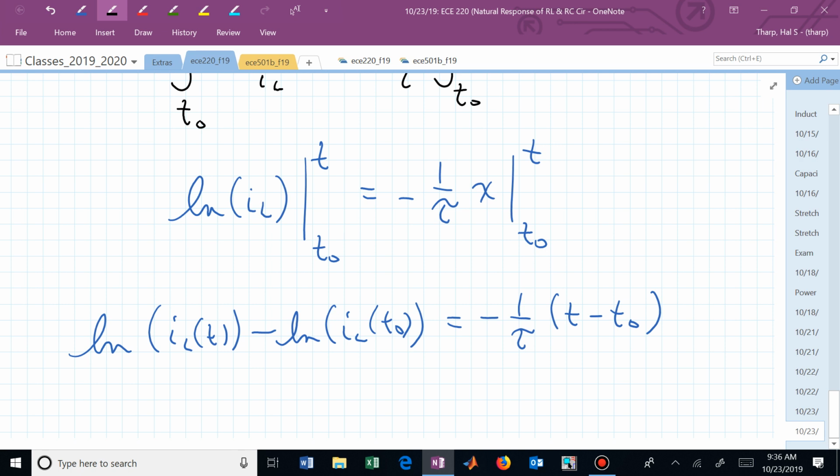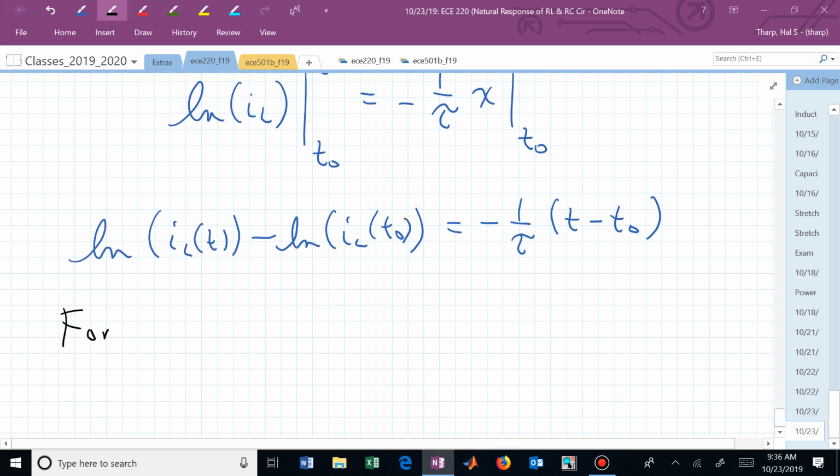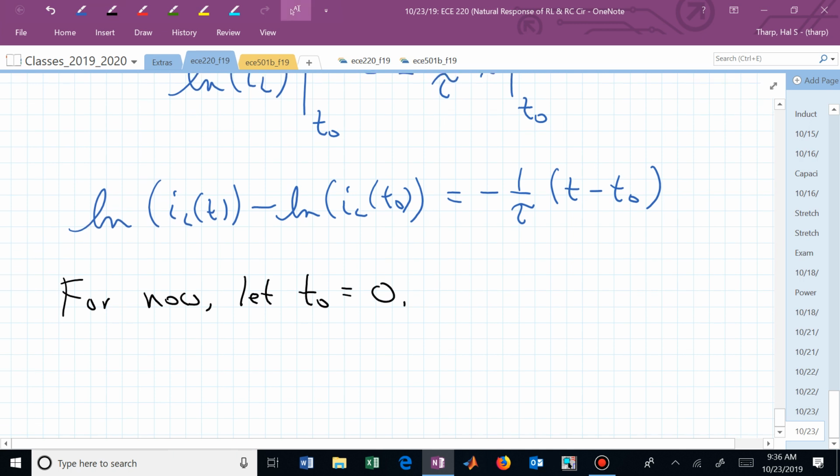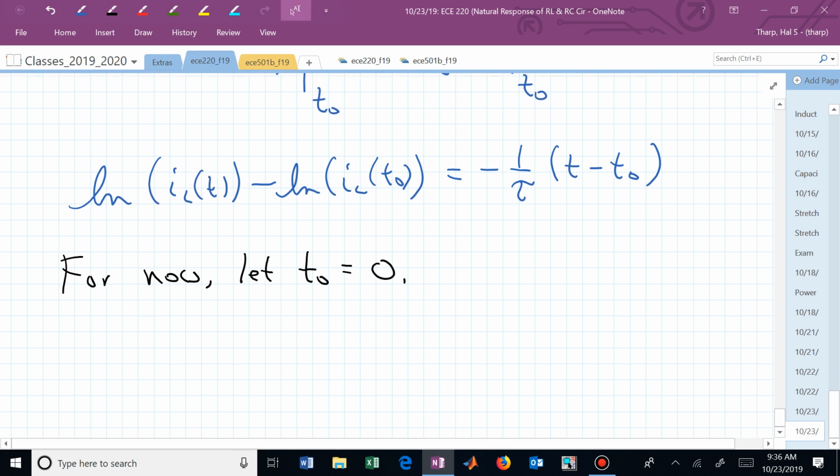So for now, let our initial time be 0. We now have, and is it okay if I use a property of logs? If I'm subtracting logs, I can combine their arguments into a division, so I now have natural log of the quotient of I sub L of t over I sub L of 0. That's just a property of the logarithm.